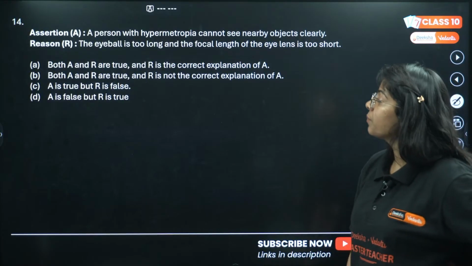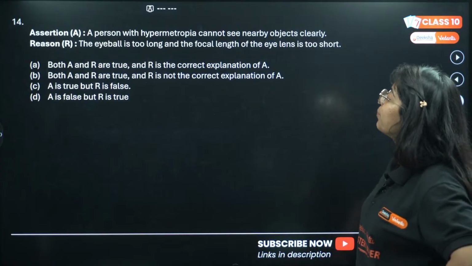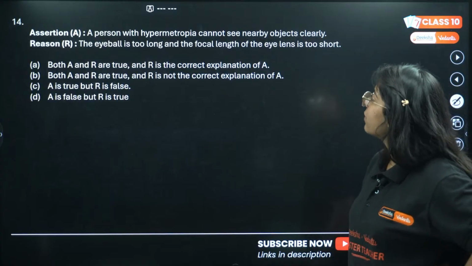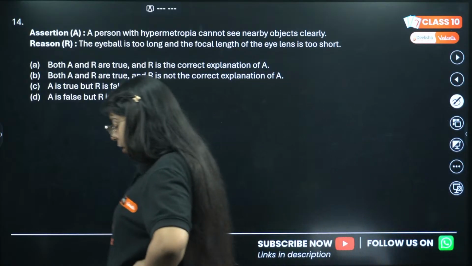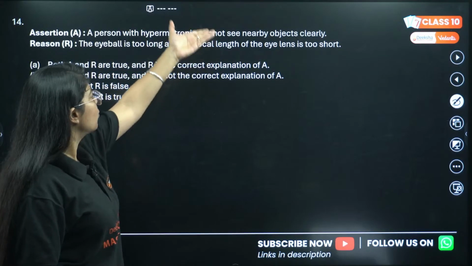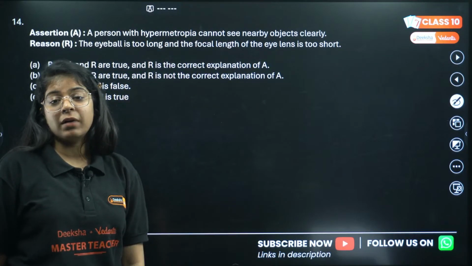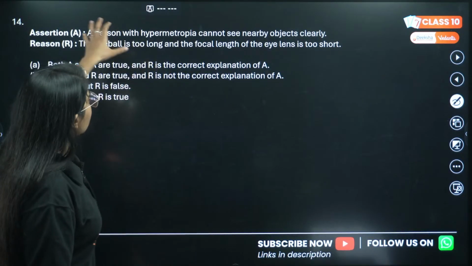Assertion reason question. They are saying a person with hypermetropia cannot see nearby objects clearly, and the eyeball is too long and the focal length of the eye lens is too short. In general, if you just give me this statement, the eyeball is too long and the focal length of the eye lens is too short, that does not make any sense. The first is correct.